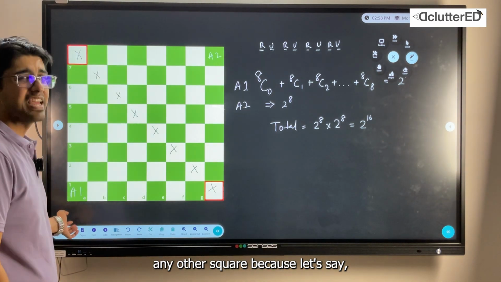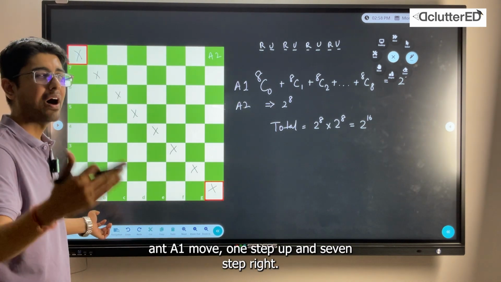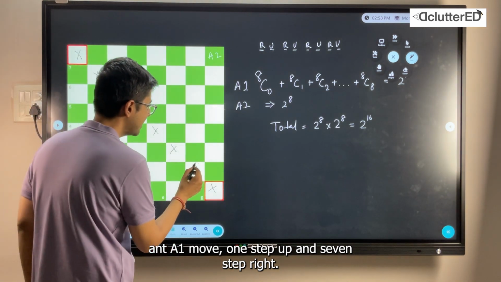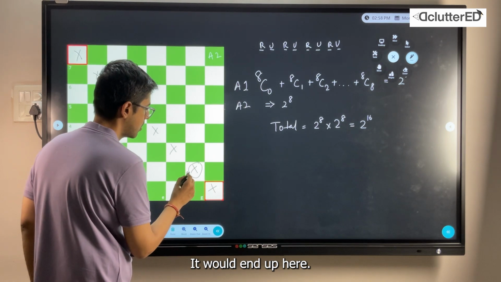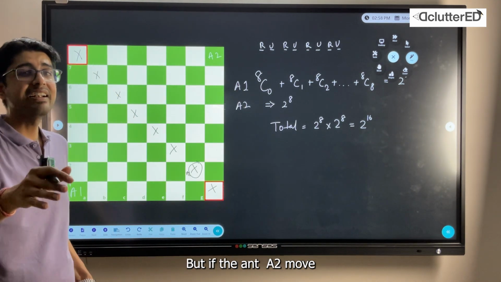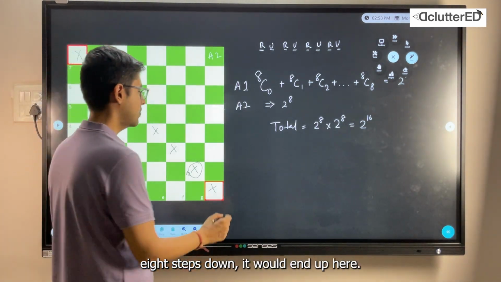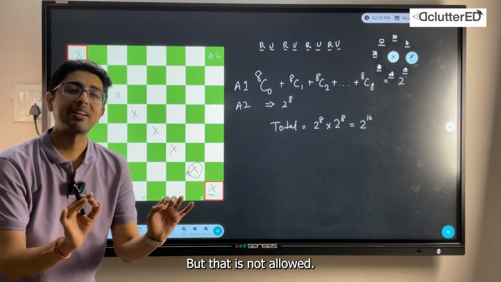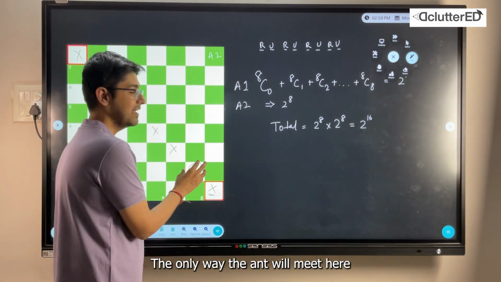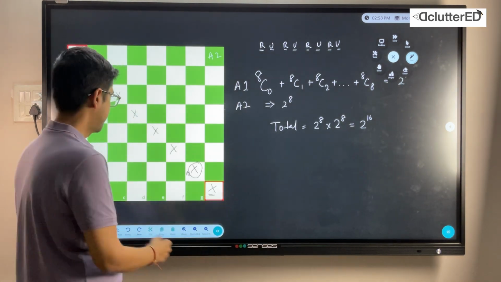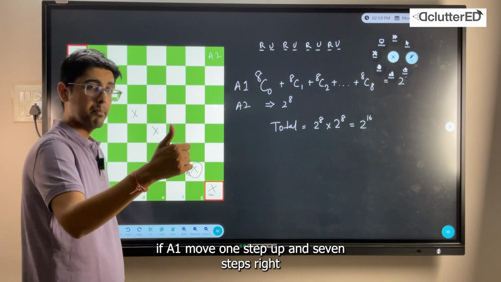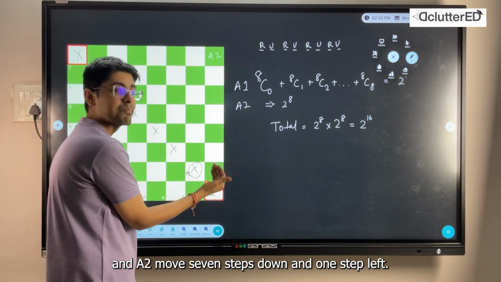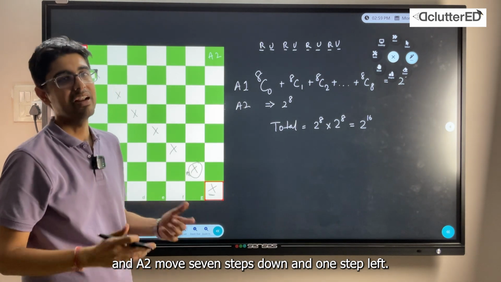Let's say ant A1 moved one step up and 7 steps right, it would end up here. But if ant A2 moved 8 steps down, it would end up here. But that is not allowed. The only way the ants will meet here is if A1 moved one step up and 7 steps right, and A2 moved 7 steps down and 1 step left.